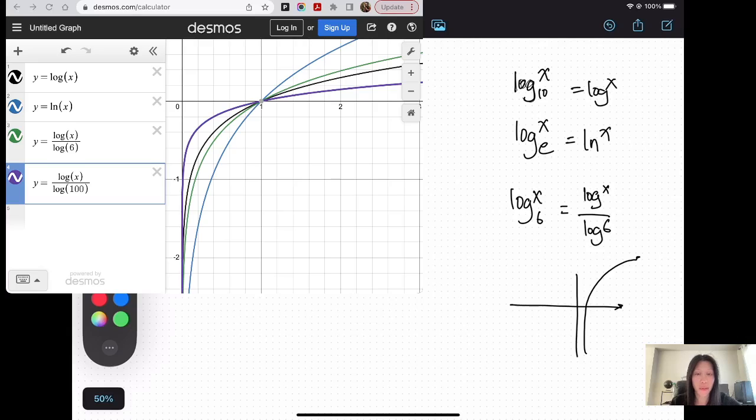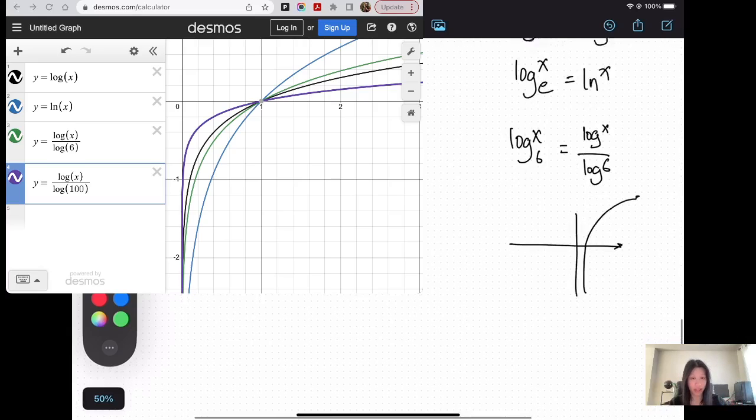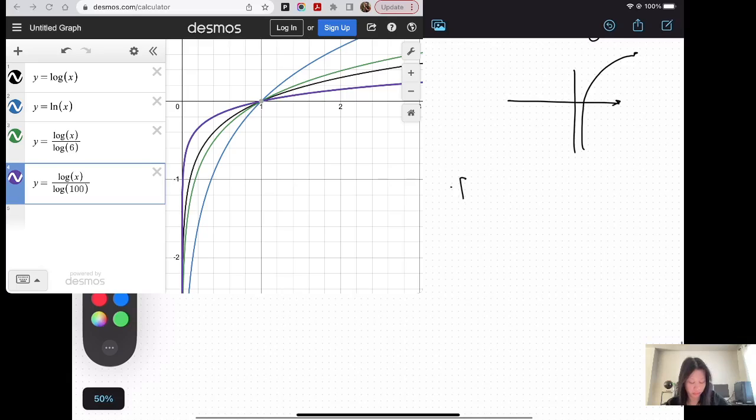And what will be their domain? By observation, graphically, the function g of x equals log base b of x, in general, where b can be any number, has an x-intercept always, no matter what the base, for all b, which is (1, 0).